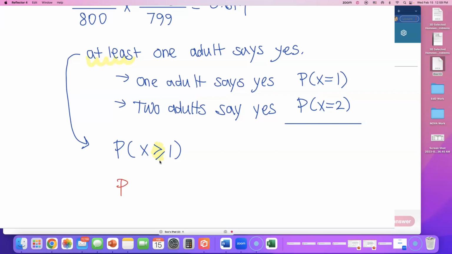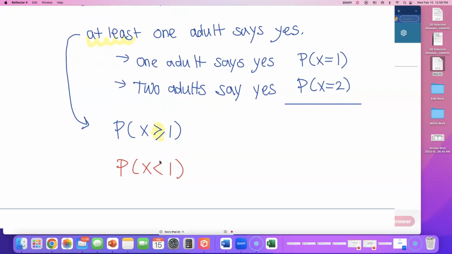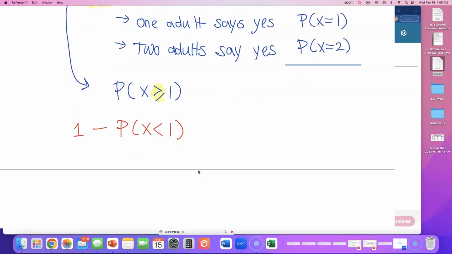The complement of that will be less than 1, right? Okay, so remember the complements, the probability of the complement events, they add up to 100%. So this is what I'm going to do. I'm going to find the probability that less than one person say yes to this question and subtract that from 100%.